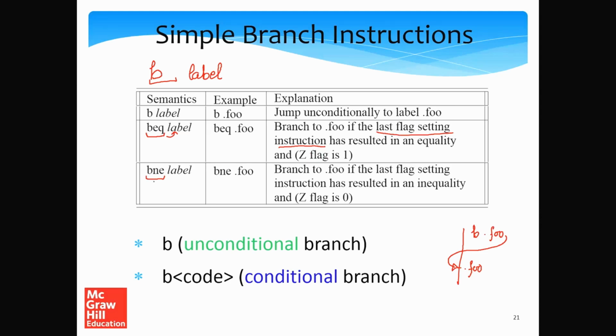Similarly, we have branch not equal to, which is just the opposite of branch if equal to, where the Z flag is equal to 0. The fantastic thing in ARM is that we have many branch instructions, and all of them have a standard format. So we have B first, and then a branch condition code.